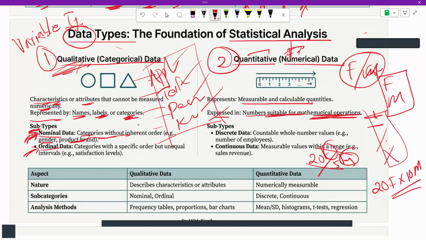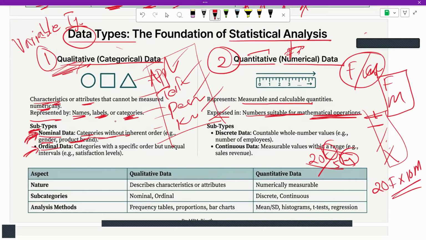We can't order names. We can't order brands. We can categorize the type of food, but we can't order the preferences.